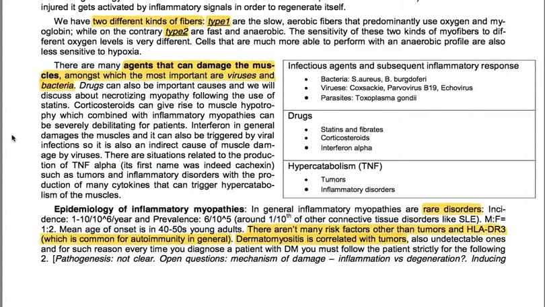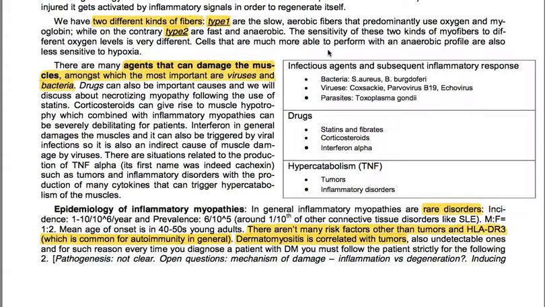There are situations related to the production of TNF alpha. Its first name was indeed cachectin, such as tumors and inflammatory disorders with the production of many cytokines that can trigger hypercatabolism of the muscles. So, the agents that can damage the muscles are infectious agents and the subsequent inflammatory response.